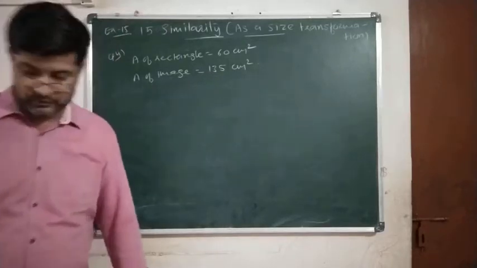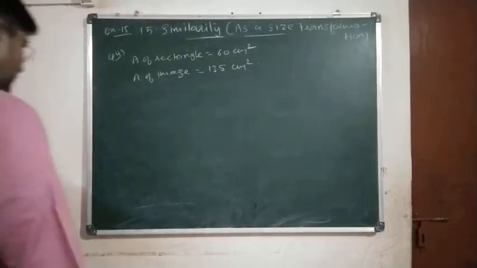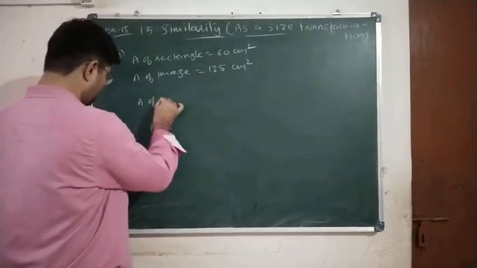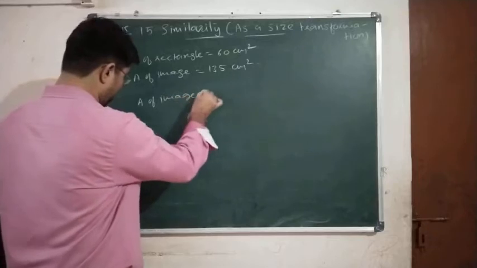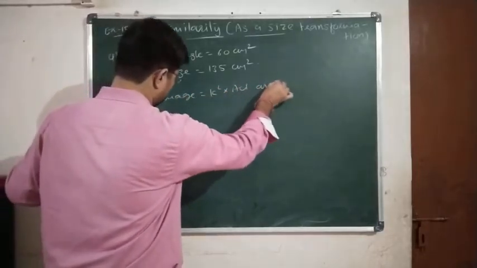So let us use the formula. Recall what is the formula. For area, what formula are we using? Area of image is equal to k square into actual area.